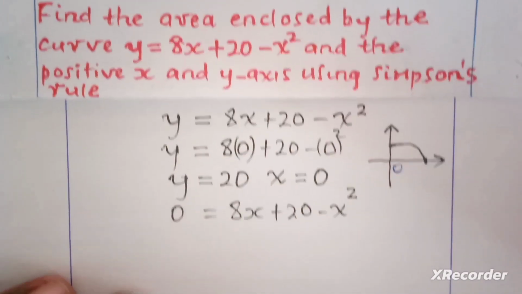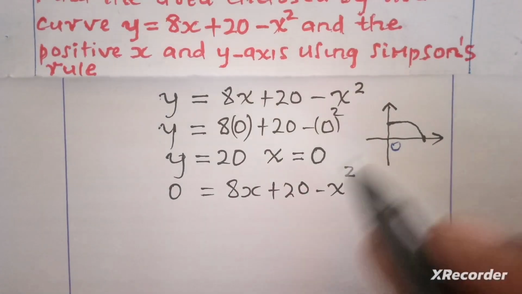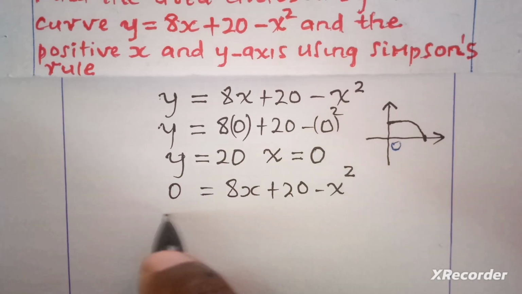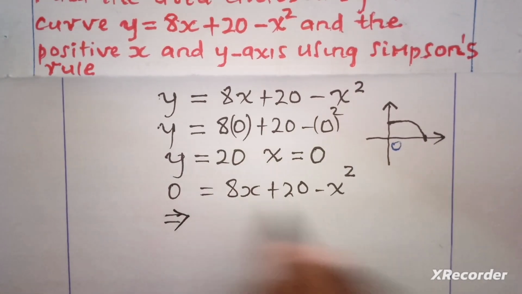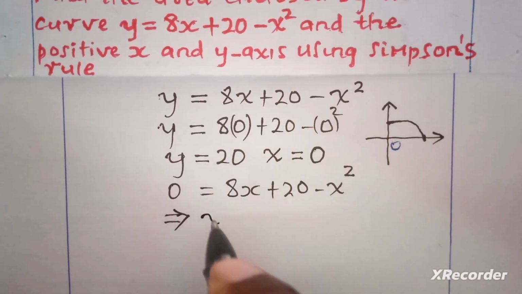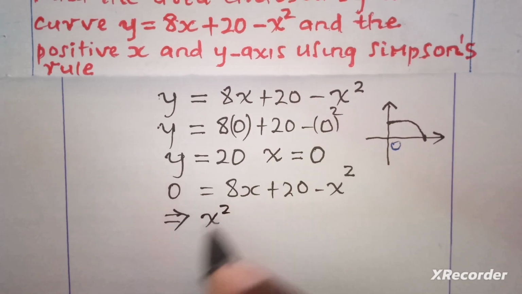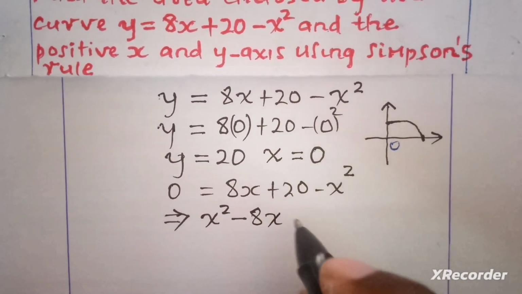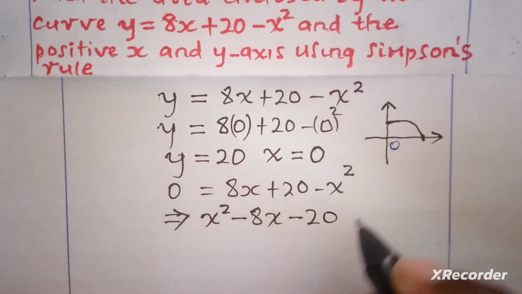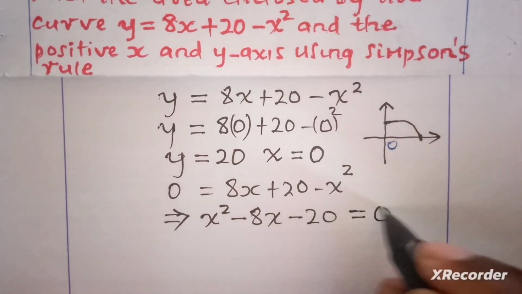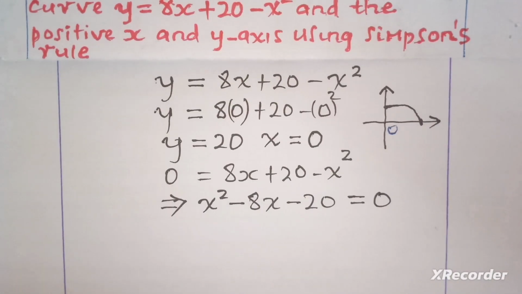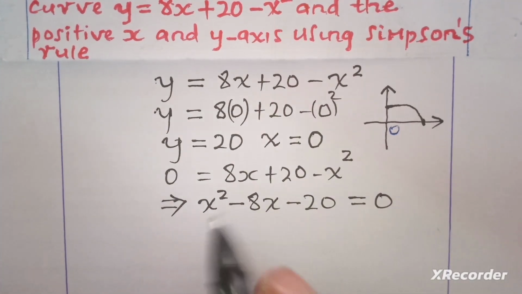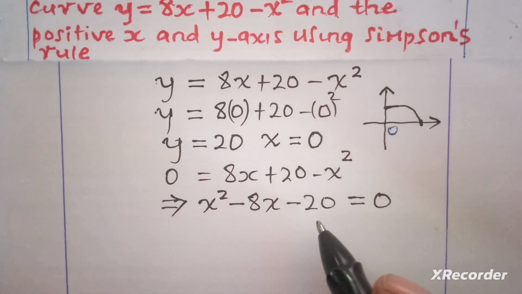So guys, this now becomes a quadratic equation which can be solved this way. Putting everything on the other side, we have x squared minus 8x minus 20 equals 0. We look for when y is 0, what will be our x.